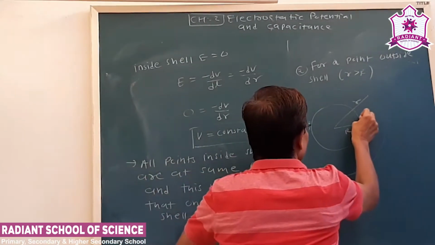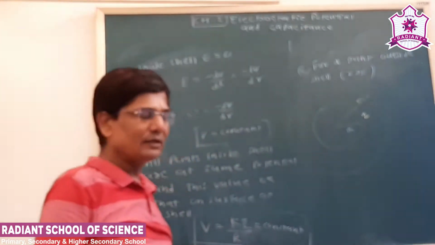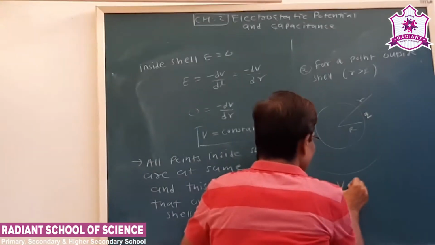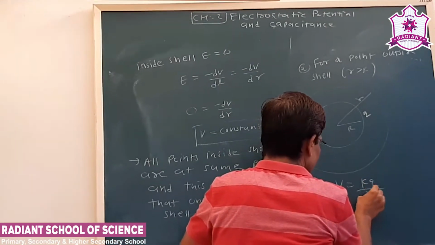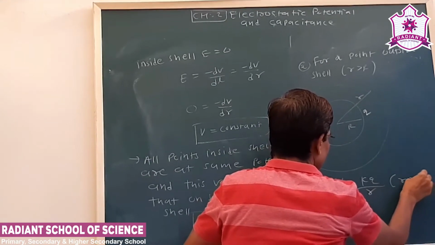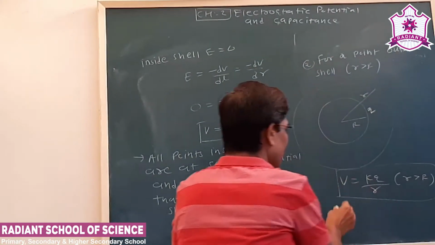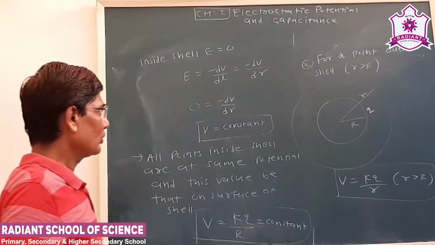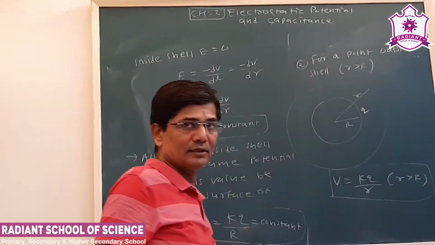So what is the charge enclosed by the shell? That is Q. So we can write V is equal to KQ by r. This is how we can obtain the electric potential at a point outside the shell.